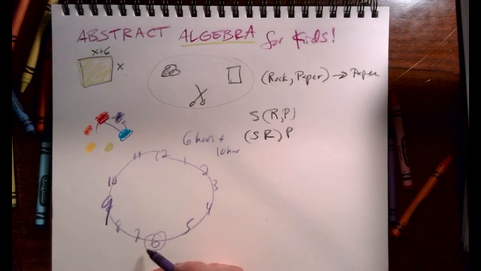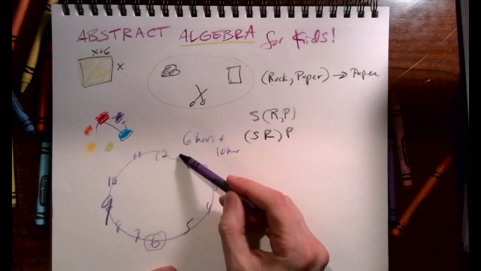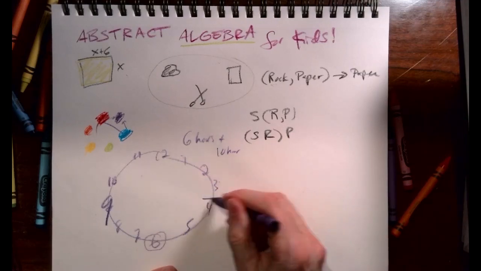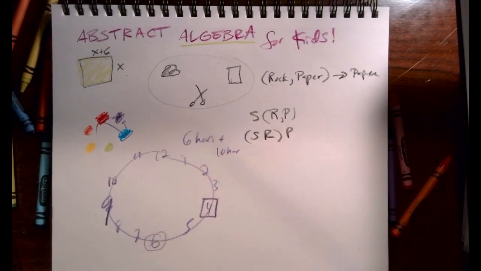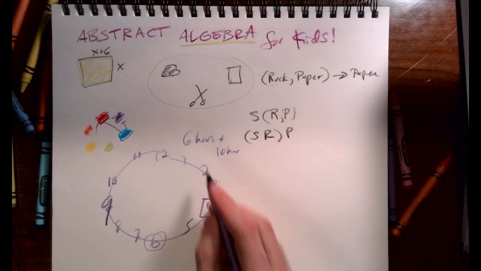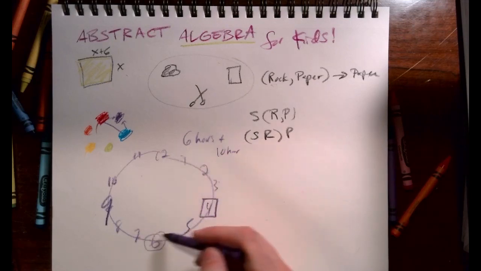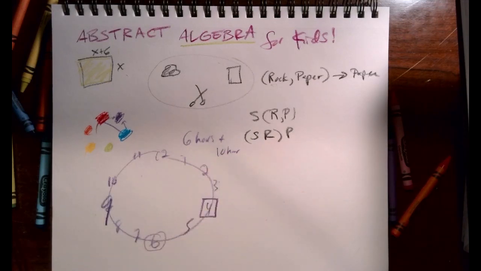Then if I had 10 more hours, 7, 8, 9, 10, I get here, right? It's 4 o'clock. So like 6 o'clock plus 10 more hours gets me to 4 o'clock. So that's a little strange, right? I add 6 plus 10 and I get 4. Is there some sort of set of rules which can handle this kind of math, which is not like our usual way of adding numbers? And we'll explore that in a lot of depth in abstract algebra.